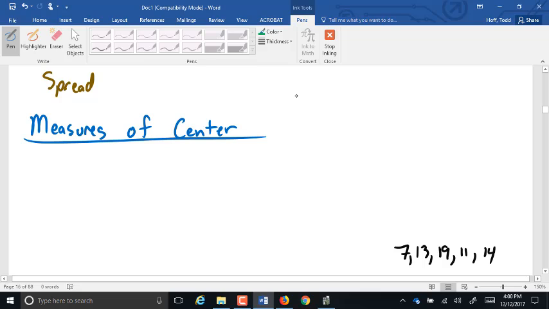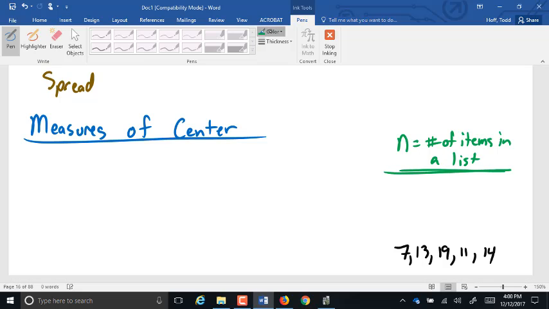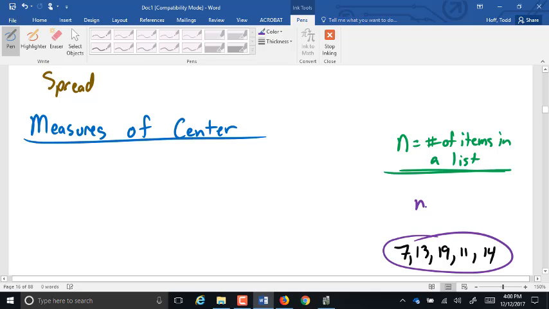First thing I'm going to define, n is the number of items in a list. So for this list down here, n equals what? How many items are in that list? 5. So n equals 5.